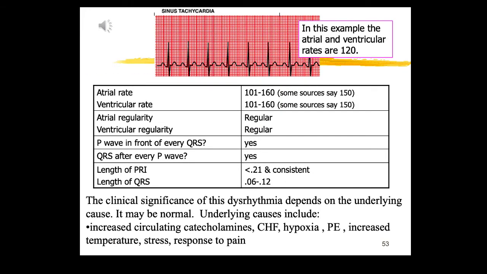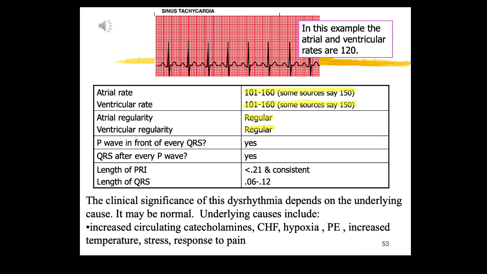Sinus tachycardia is a sinus rhythm with a rate greater than 100 and typically only up to 160. There are some sources that say 150 is the cutoff. Atrial and ventricular rates are the same. The rhythm is regular. There is a P wave in front of every QRS complex and a QRS complex after every P wave.